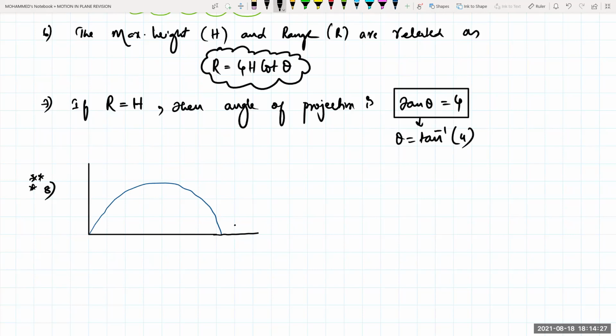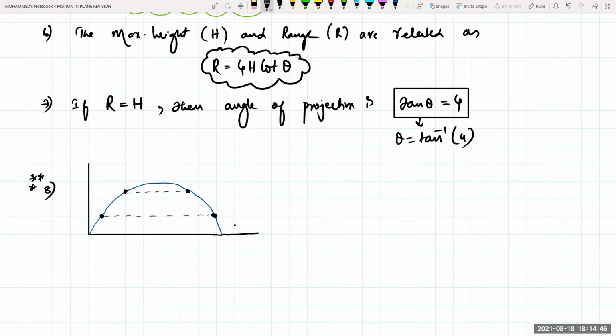Now when you project the body, there is one point here and one point here, and there is one point here and one point here where the height is the same. So this is your h, and this will be equal to one more.